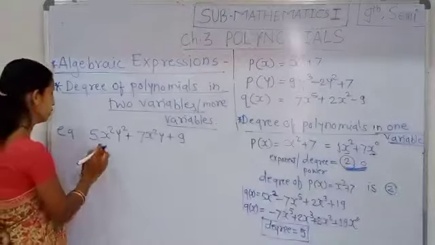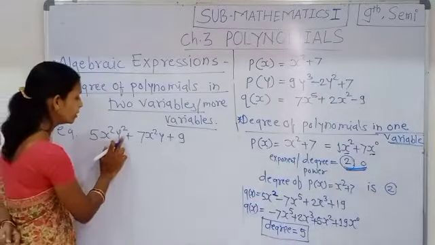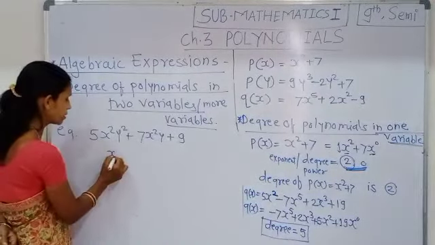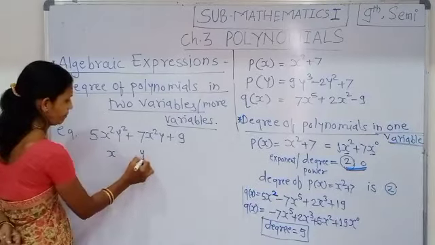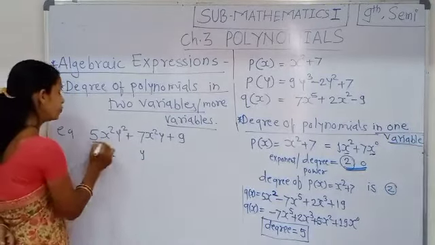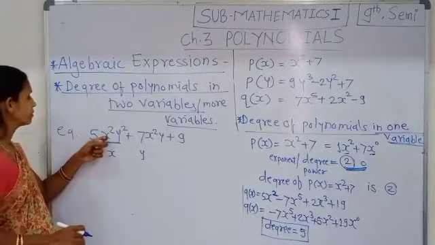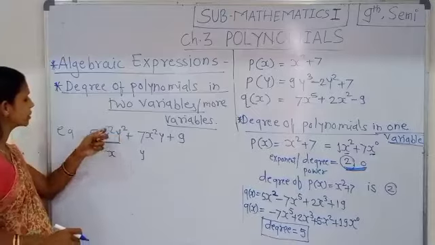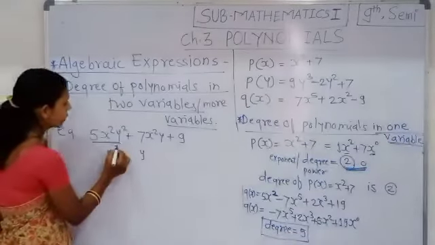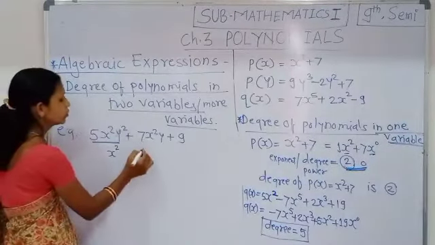Then see here that there are two different variables, x and y. In the first term, the degree of x is 2 as well as the degree of y is 2.